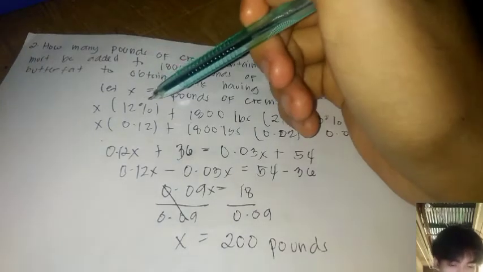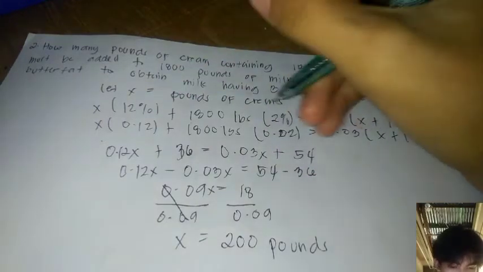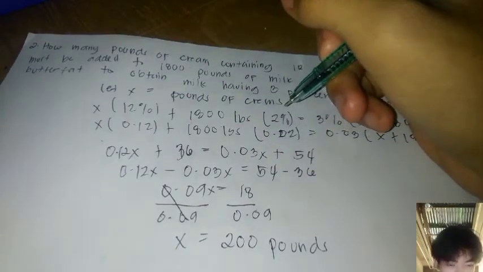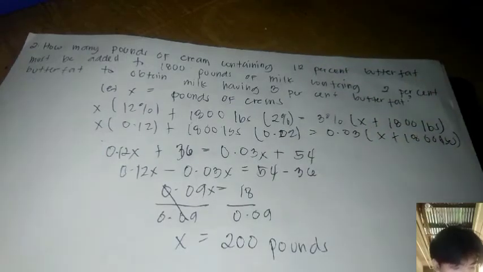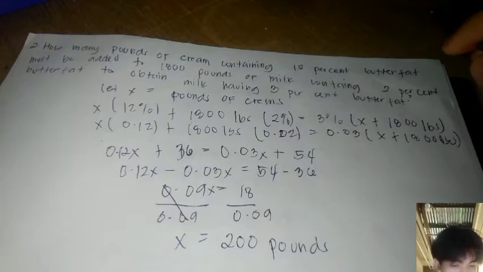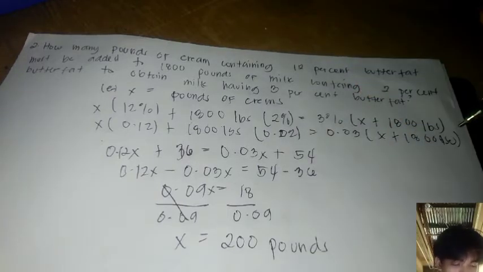So let's change the percent into decimal point. So we have 0.12, and then the 2% we have 0.02, and then the 3% we have 0.03. And then the next thing you need to do is to multiply the percent into quantity.